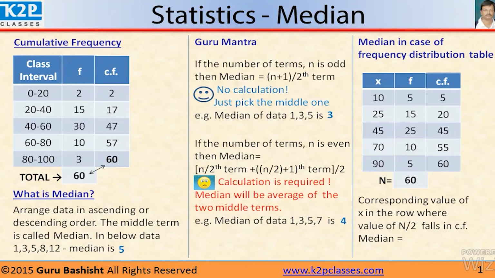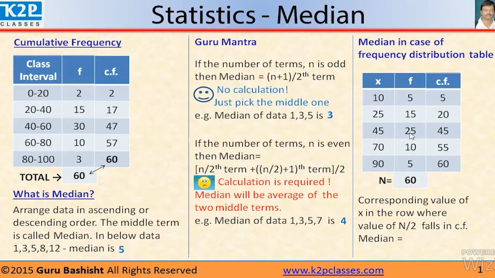Now, median in the case of a frequency distribution table. Like x values 10, 25, 45, 70, 90, and the frequencies are 5, 15, 25, 10 and 5. Find out the cumulative frequency. The cumulative frequency will be 5 for the first row. For the second row, it will be 5 plus 15, 20.